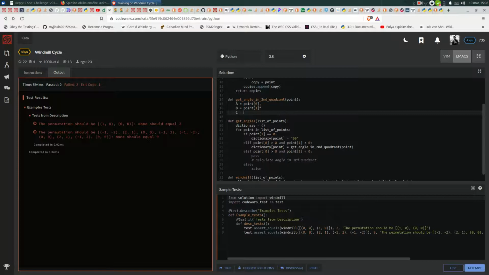Square root, which is the second power of... like this is point 0 times point 0 plus point 1 times point 1.